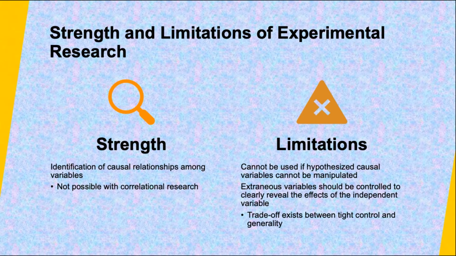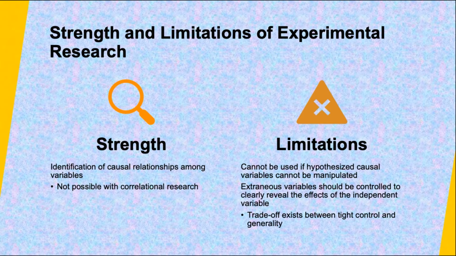A second limitation of the experimental approach entails the tight control over extraneous factors required to reveal the effect of the independent variable. Such control tends to reduce your ability to apply your findings to situations that differ from the conditions of your original experiment.